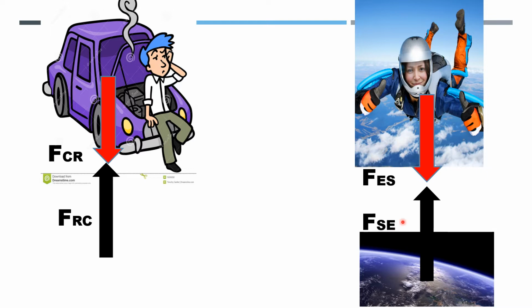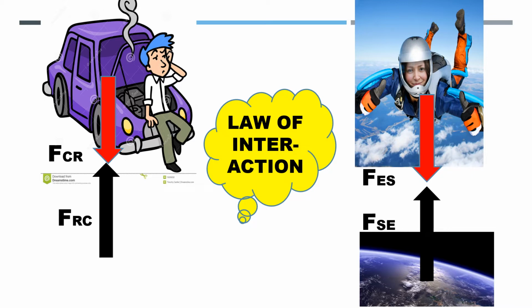All right, that is one of the characteristics of action-reaction forces. If you remember, the two forces may be equal and opposite. They are acting at the same time, but they are actually acting on two different bodies. All right? So this is known as the law of interaction.